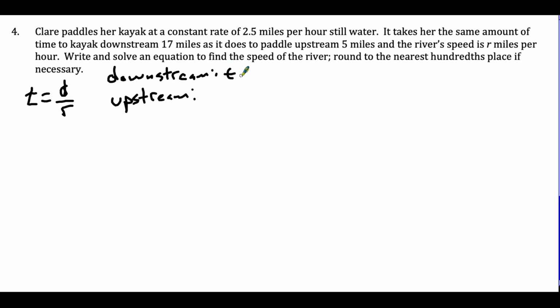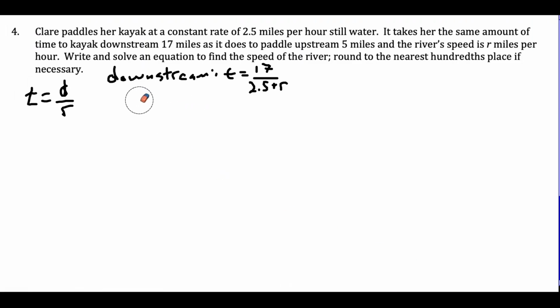So if I'm talking about downstream, we know that we can go a distance of 17 miles downstream. Now, my rate, since I'm going downstream, that means that the river is helping me, is aiding me. So the rate that I'm going is 2.5 miles per hour plus however fast the river's going, right? That's my expression for going downstream.